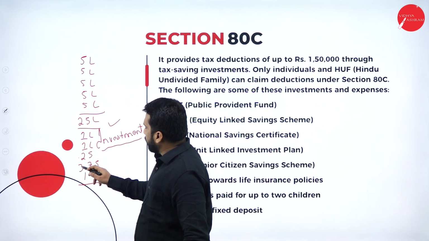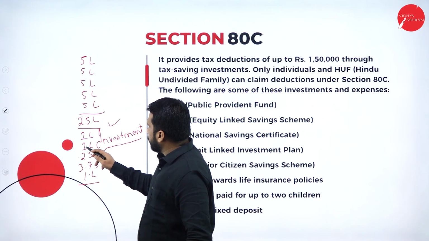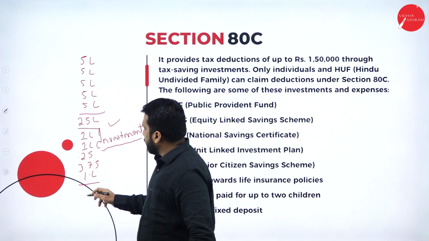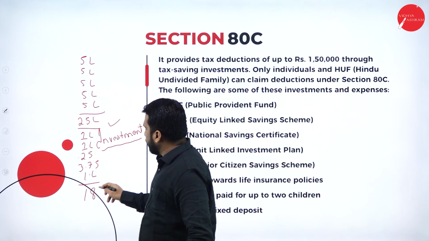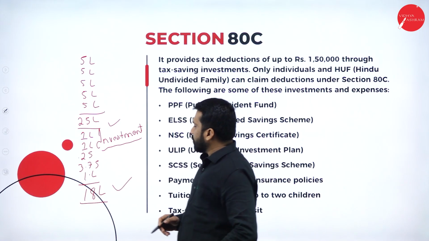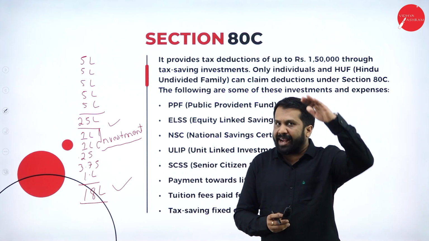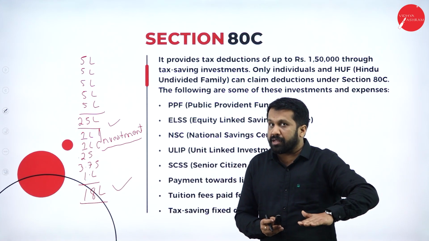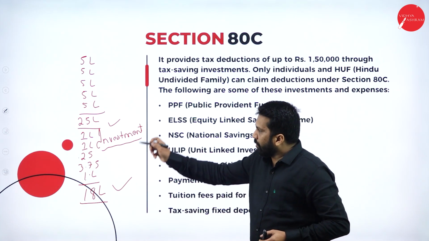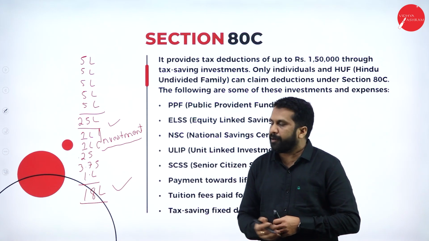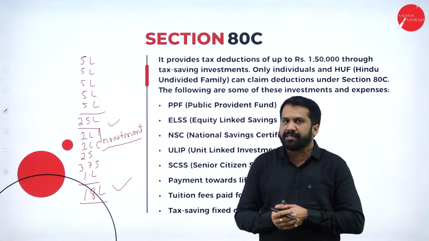So all put together it is 7 lakh. 25 minus 7 will be 18 lakh. You are supposed to pay tax on 18 lakh. See, your tax burden is reduced. How? By taking all the deductions. Hope you are clear. This is what we call deduction.